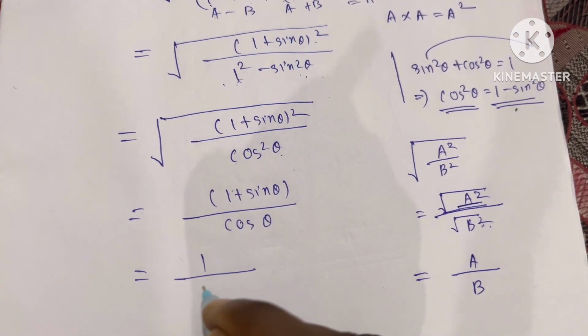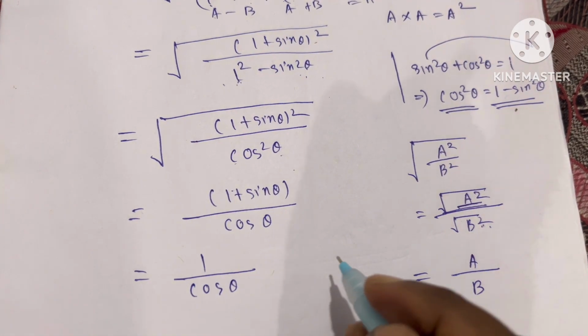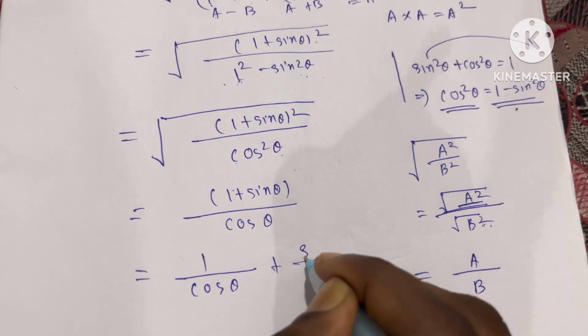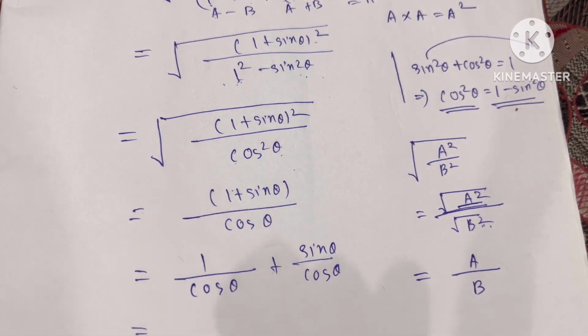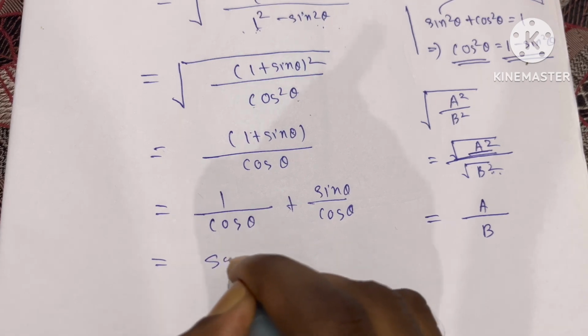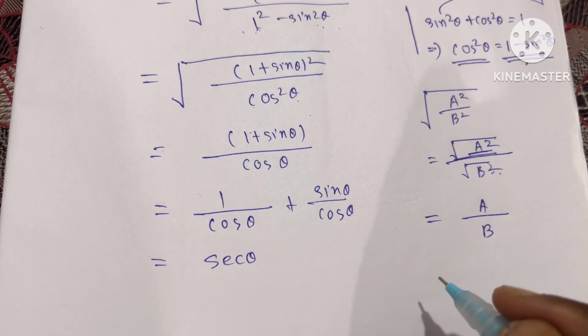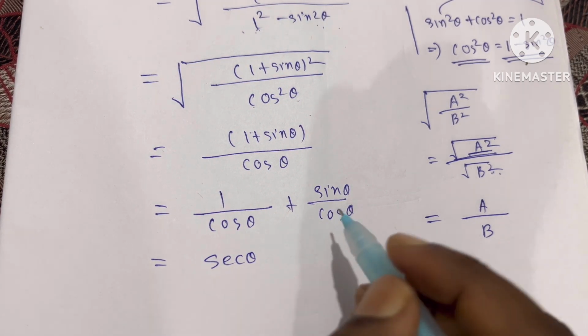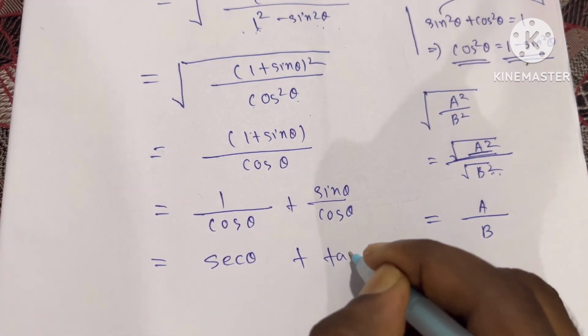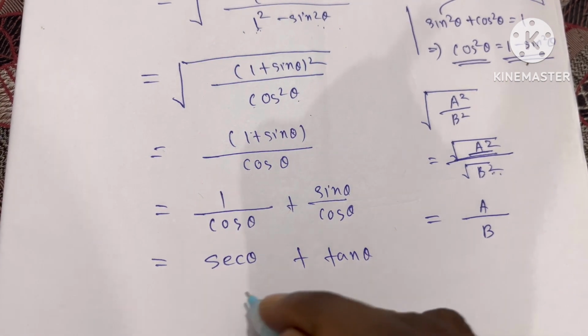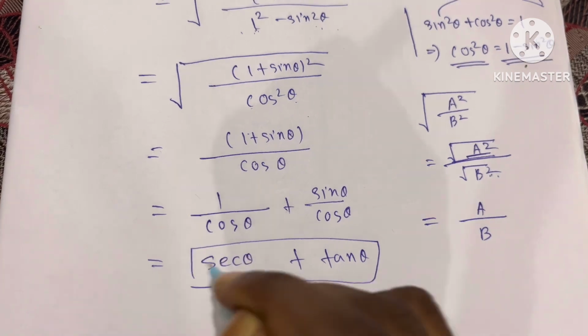Now we can write 1 by cos theta and sin theta by cos theta. 1 by cos theta is nothing but sec theta, because sec theta is the reciprocal of cos theta. And sin theta by cos theta means tan theta. Same as question number 4.